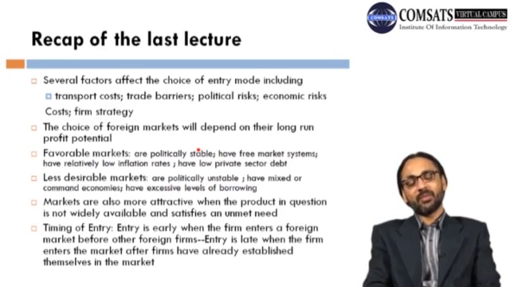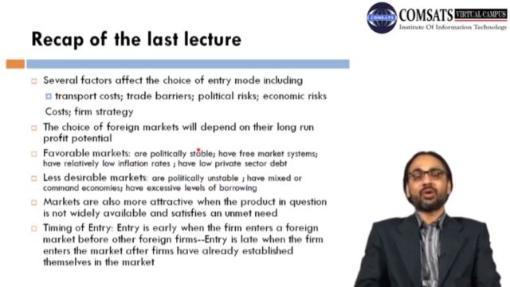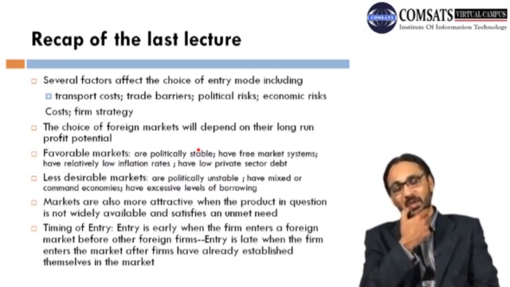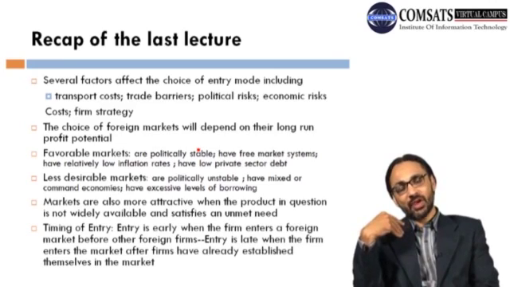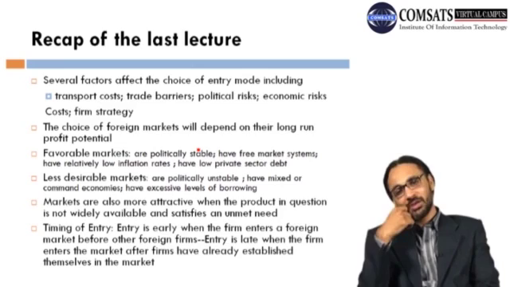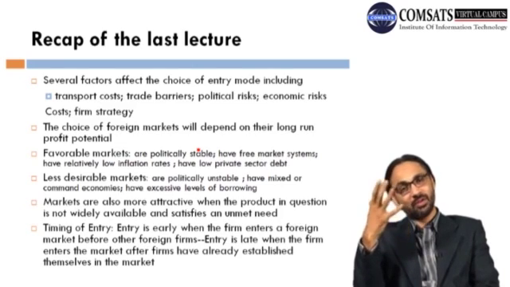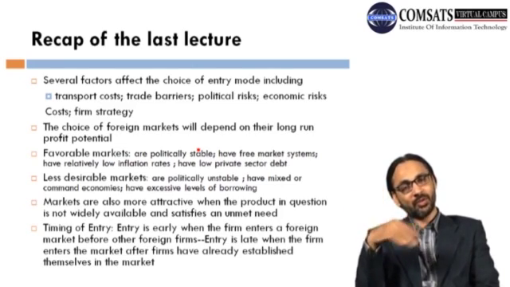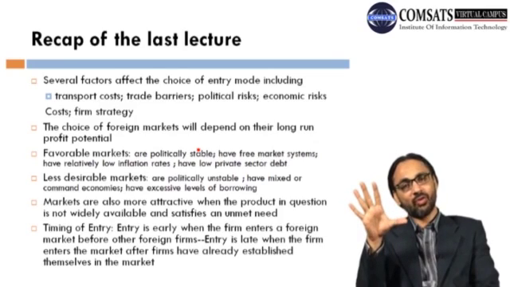A very famous example is when the US automobile firms wanted to export their product to the Japanese market. The Japanese government, on paper, on the front, was not declining or saying that we don't allow you to enter our market.